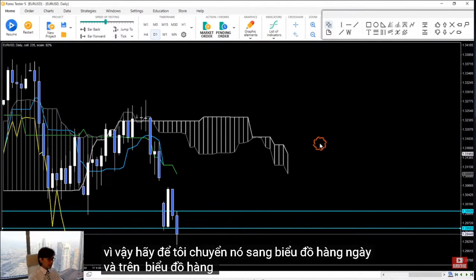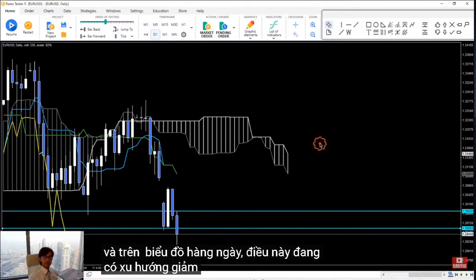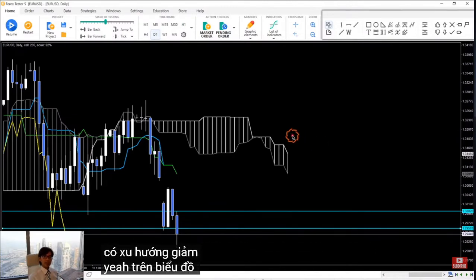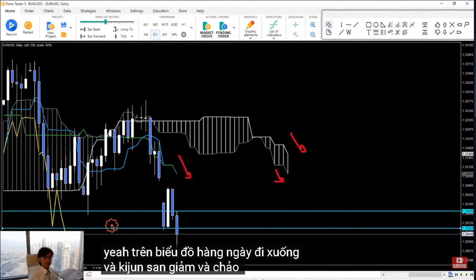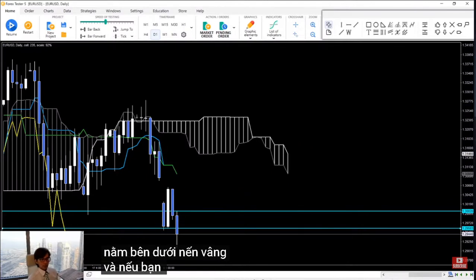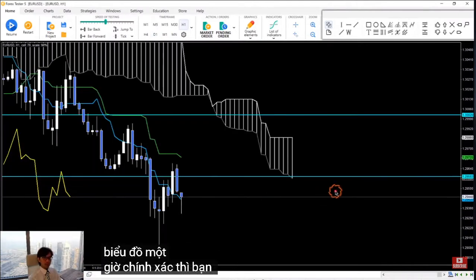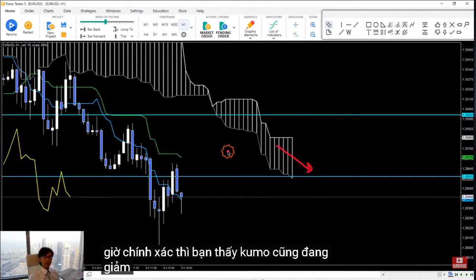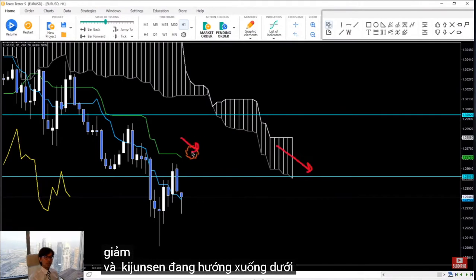And on the daily chart, this is downtrending. Yeah, on the daily chart, the Kumo's down, and Kijun Sen is down, and also Chikou span is below the candles. Yeah, and also if you look at the 1 hour chart now, exactly you see the Kumo's also down, and Kijun Sen is pointing downwards.